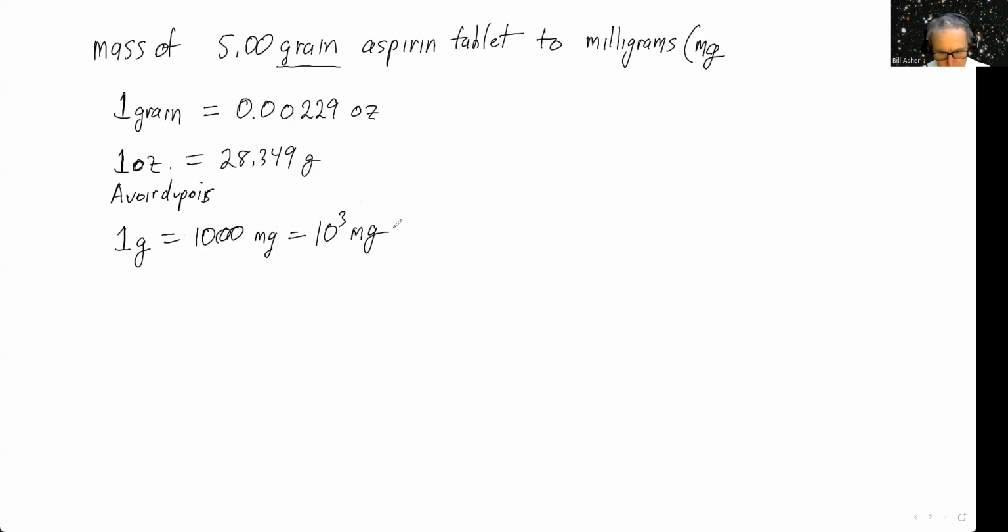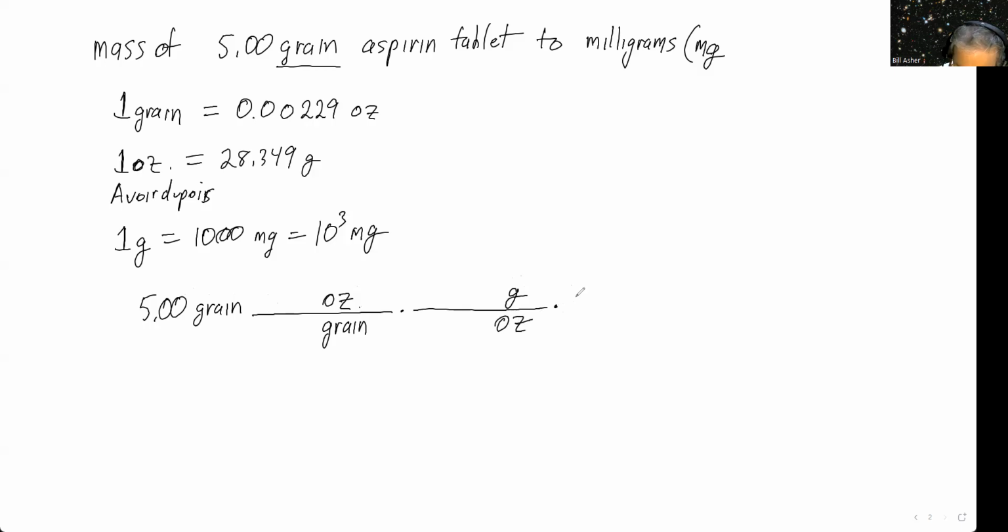Okay. So now I could say, okay, so I've got a 5.00 grain aspirin tablet. And now I'm going to convert between ounces and grains, and then between grams and ounces, and then between milligrams and grams.